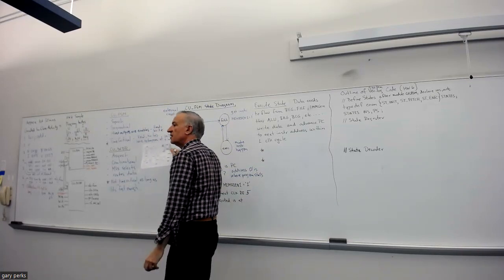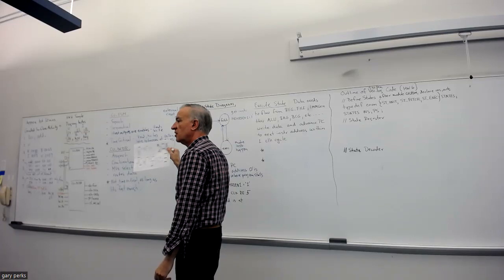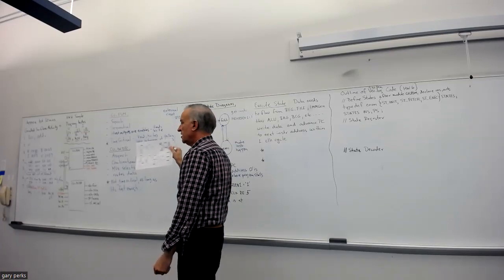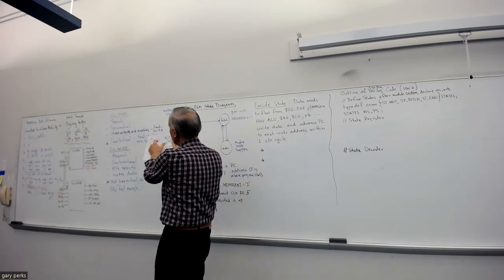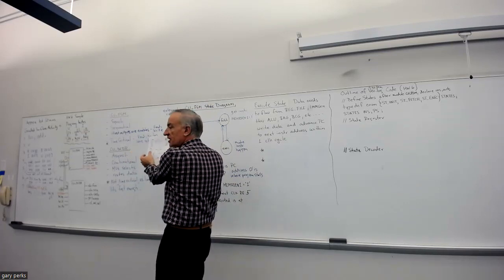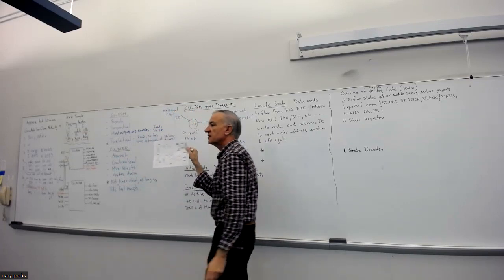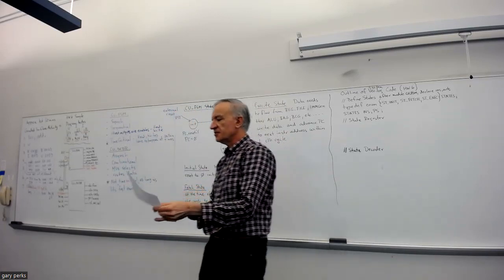So that PC is not part of the FSM. We're just noting that that's what happens to initialize. You've already designed that over here, but now these control units are controlling. Does that answer your question? Yeah. Okay.